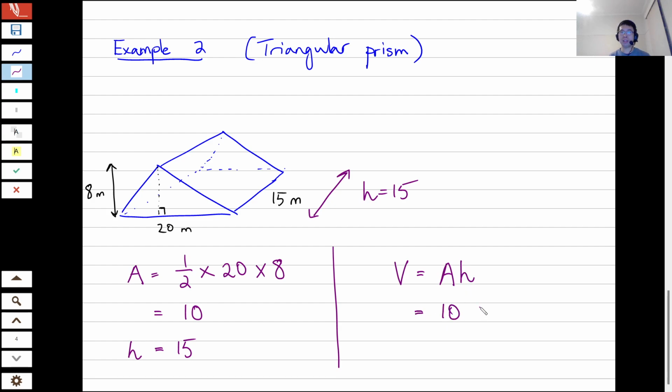And that's going to be 80 times 15. If I multiply 80 by 15, I get 1200 cubic meters.